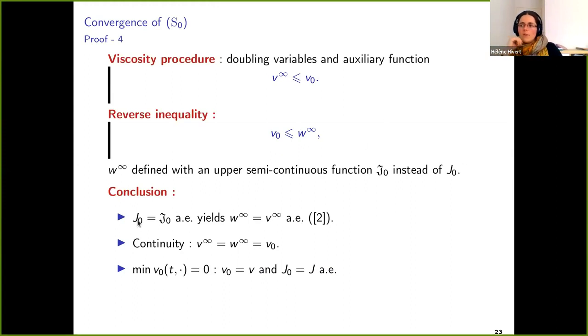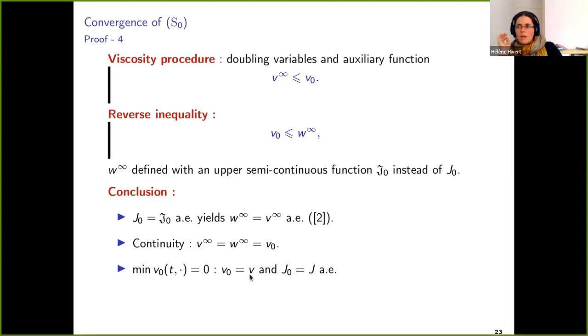But at the end, j naught and this other fraktur j naught are equal almost everywhere, so in fact w infinity and v infinity are equal because they are continuous. And by other means, you show that v naught has minimum 0, and it yields that you can identify the limit of the scheme with the solution of the constrained Hamilton-Jacobi equation.